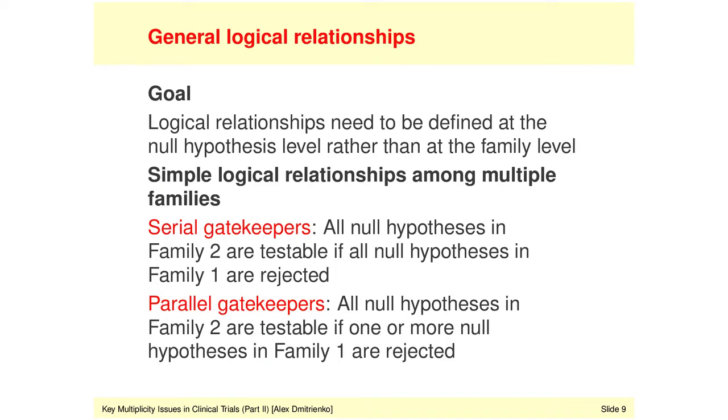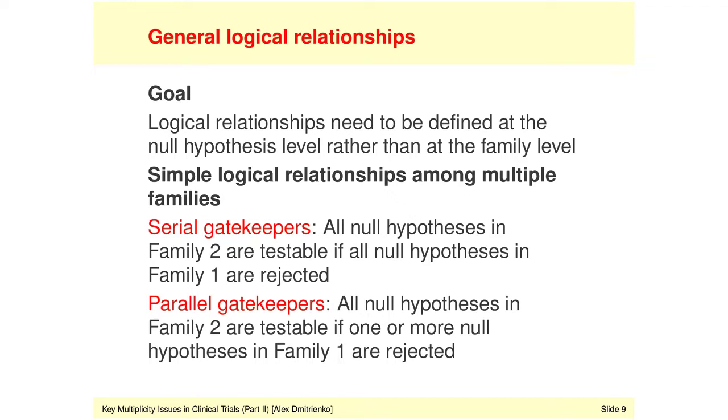Now, to figure out how to incorporate, as I said, arbitrarily complex logical relationships among the hypotheses of interest into the testing algorithm, it is important for us to realize that those logical relationships need to be defined at the hypothesis level rather than at the family level.